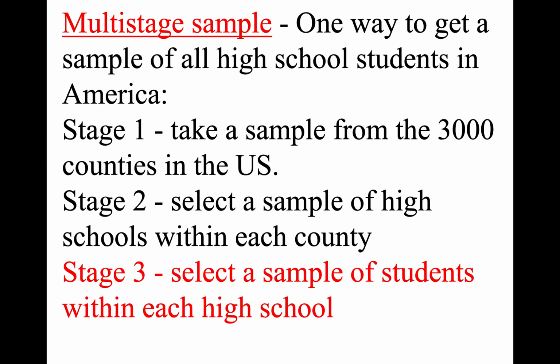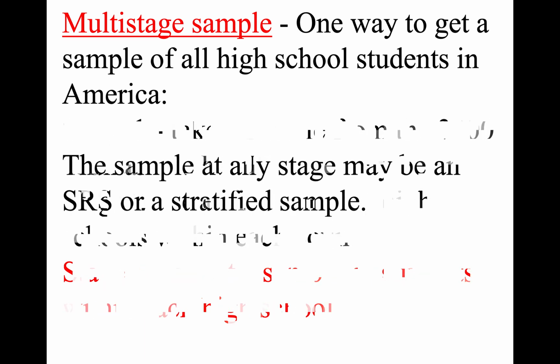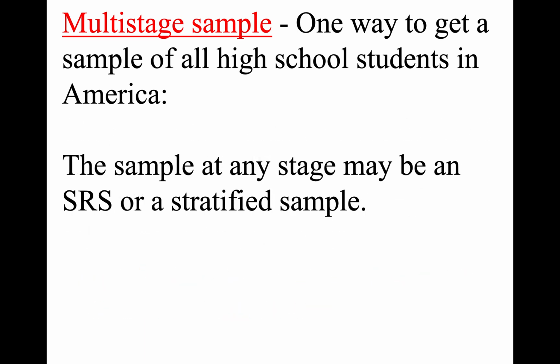And then in another stage, you could select a sample of students within each high school. Now, any of those samples could be a simple random sample or stratified within those stages. But a multi-stage sample is a way that you can narrow it down and still use good sampling techniques.